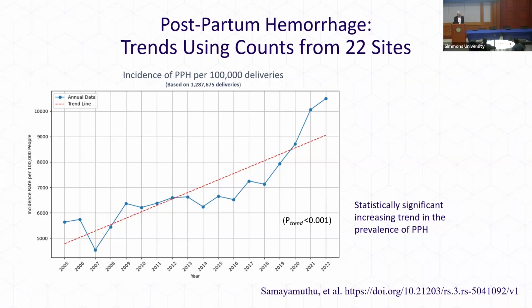What you basically notice is that the incidence of postpartum hemorrhage has been going up. When we compared this to the AHRQ report, which came out in 2020, it tracks very closely to what we see from the counts that we obtained from the ENACT network. But what is more concerning is that since 2020, at least based on the network, it seems to be going up even faster in terms of its incidence, and this is statistically significant.